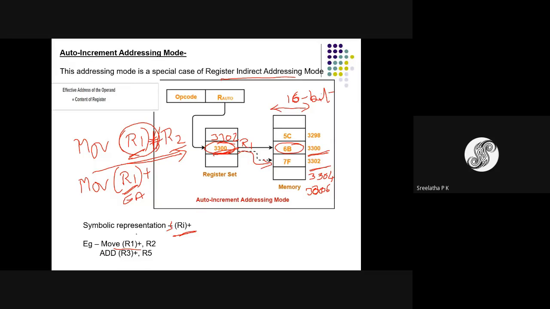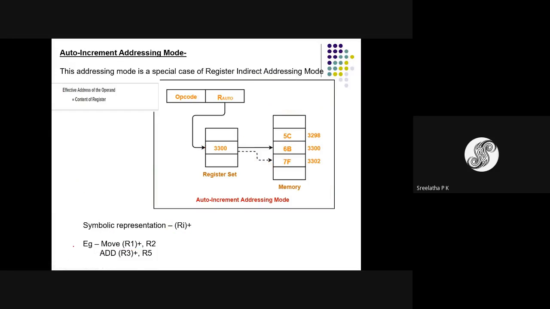Whereas here it is post increment. For post increment, the content of the memory location that R1 points to is retrieved. Suppose this is R1 and this is R2. Move R1 content to R2.